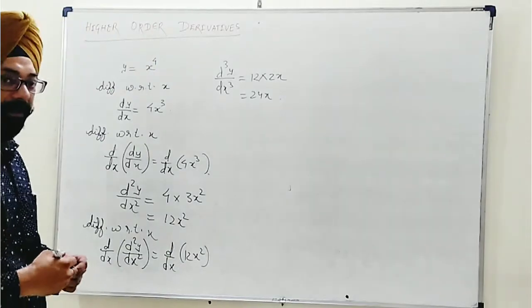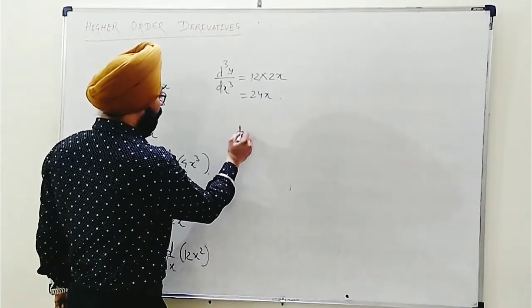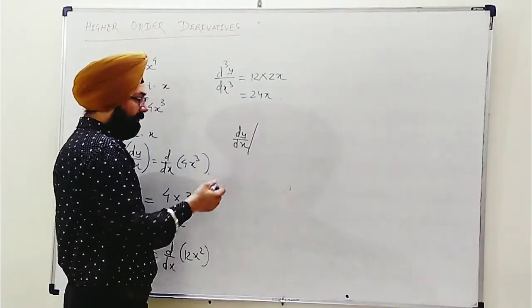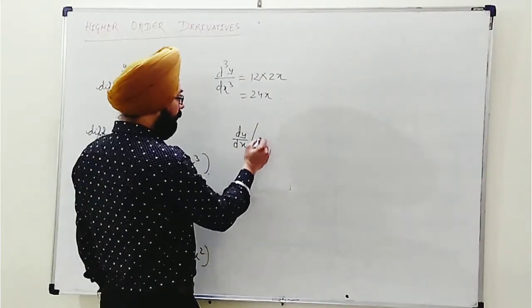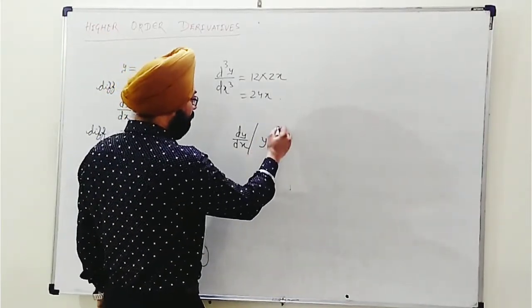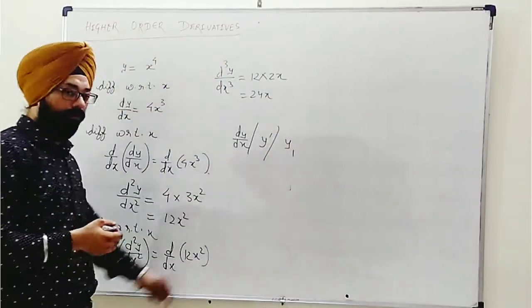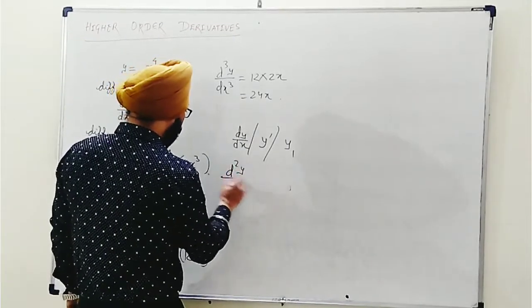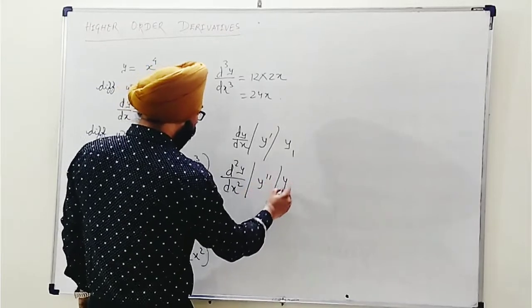But now onwards, let me tell you, the ways of expressing these differential coefficients are different. Like we can write dy by dx, we can write y dash, we can write this as y1 also. In some theory books you will find y1 also. Similarly, d square y by dx square will be y double dash or y2.